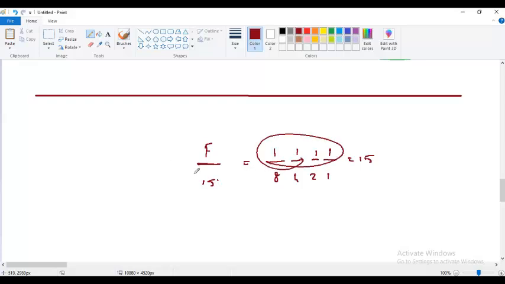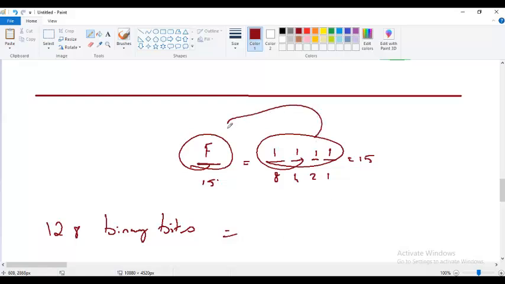So 128 binary bits, when you write in hexa, becomes 4 times smaller, right? Here 4 digits, here only 1 digit. 128 4 times smaller means what?